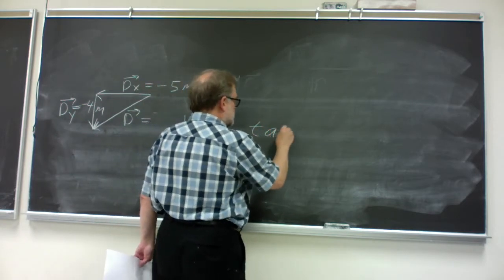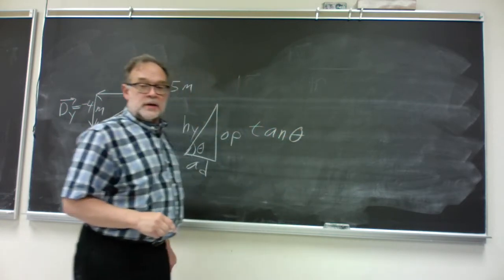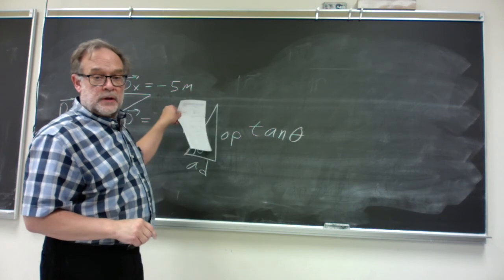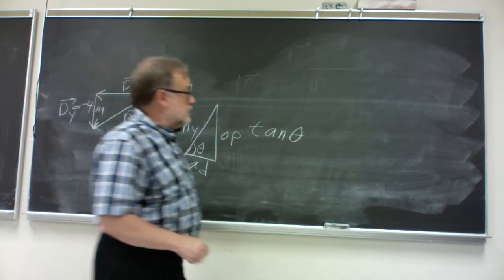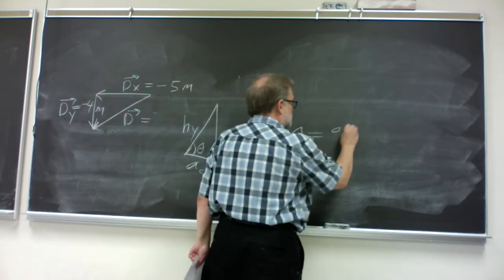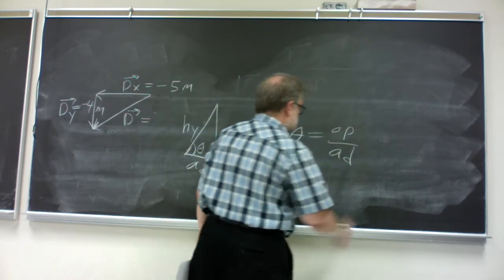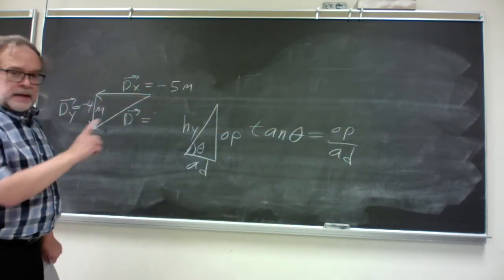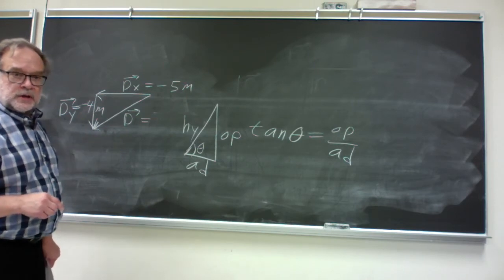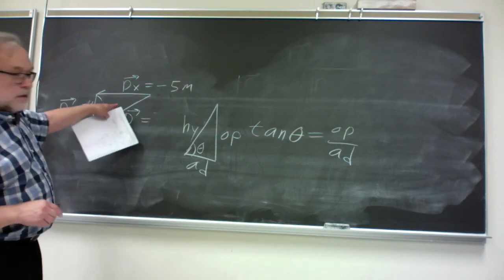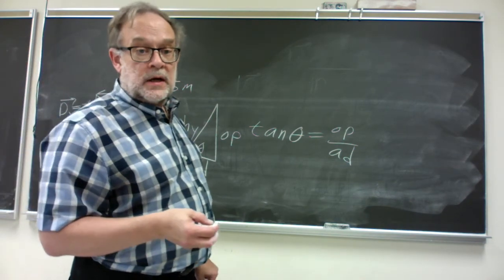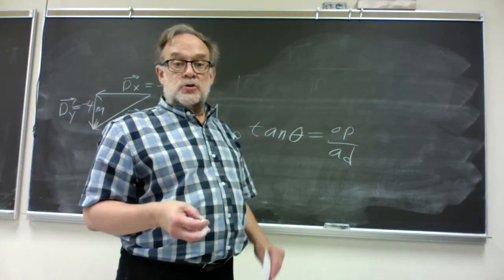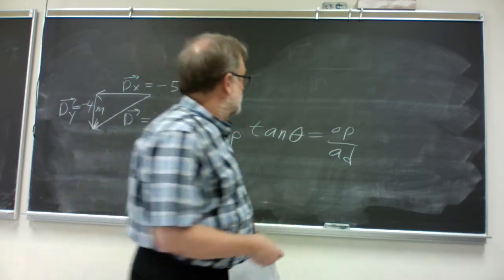Specifically, tangent of the angle theta is just a ratio of the length of the opposite side divided by the length of the adjacent side. That's tangent theta.